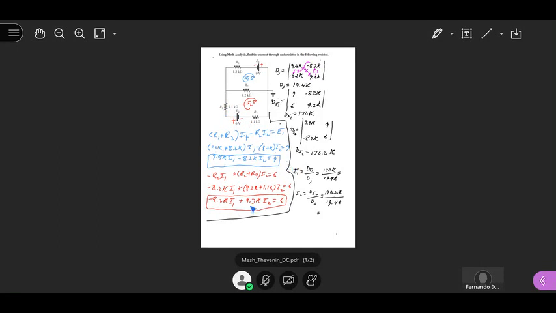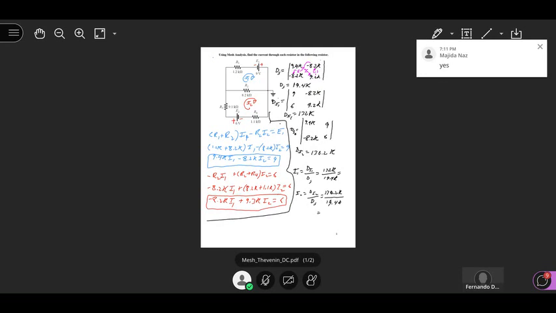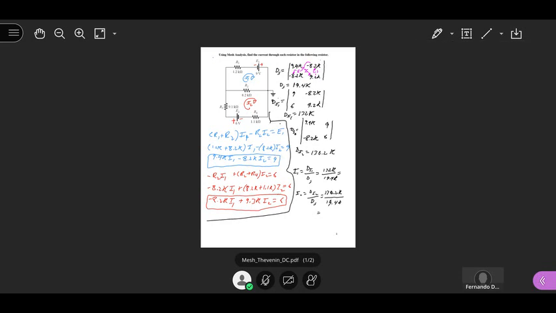So my equation 2 will change. Do you see that? Anyone? Okay. So let's fix this part here, right? So this is going to be plus R3.